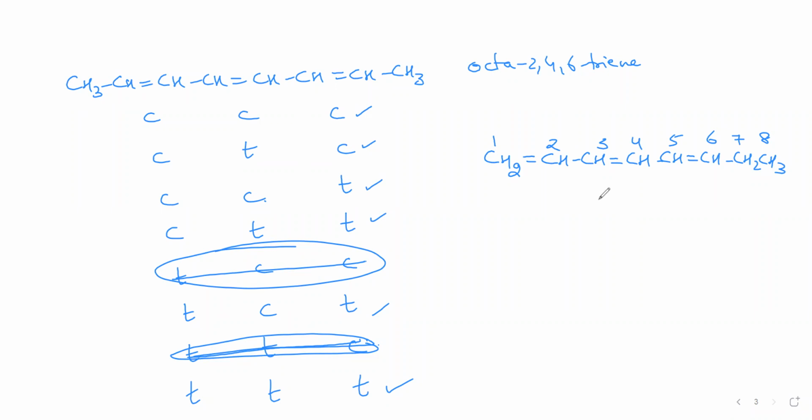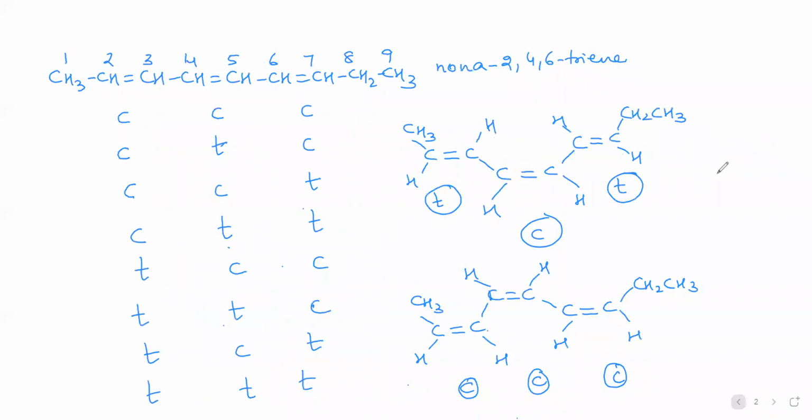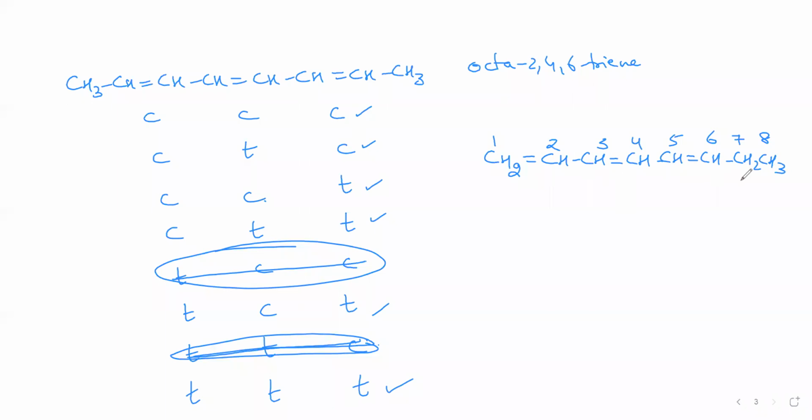Number of geometrical isomers here. This is an unsymmetrical triene, similar to this one. Here I got 8. Will this have 8? Come on, tell me fast.